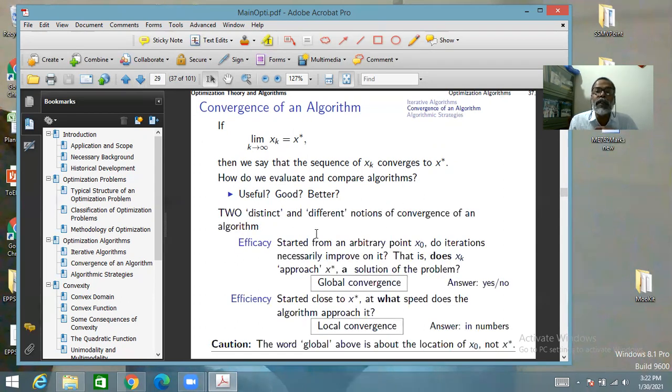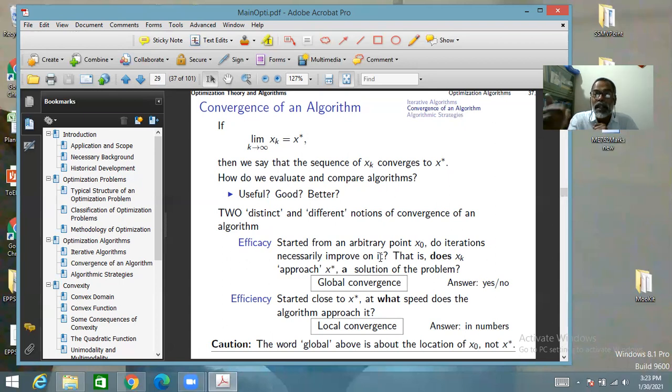Two distinct and different notions of convergence of an algorithm are there. One notion talks about effectiveness and the other about efficiency. The issue about effectiveness: started from an arbitrary point, where we don't have any sense of what the final solution can be, started from an arbitrary point x0, do iterations necessarily improve on it?